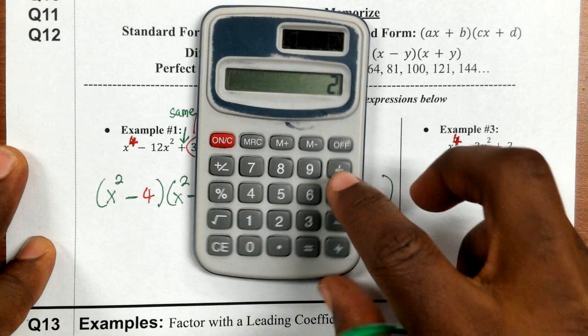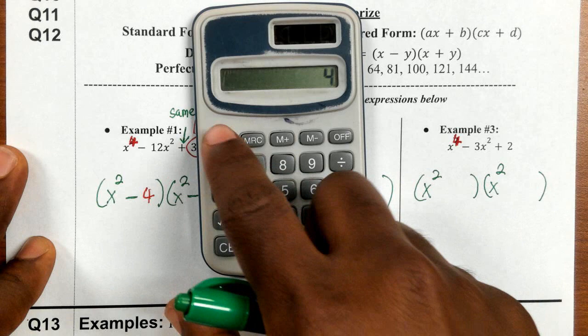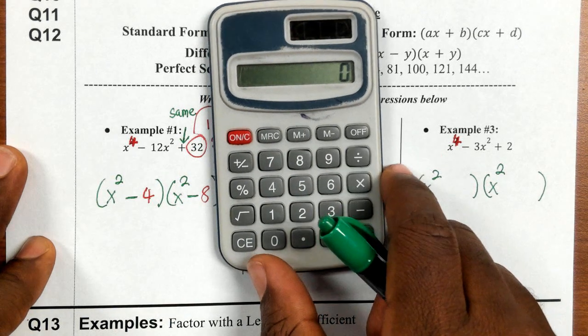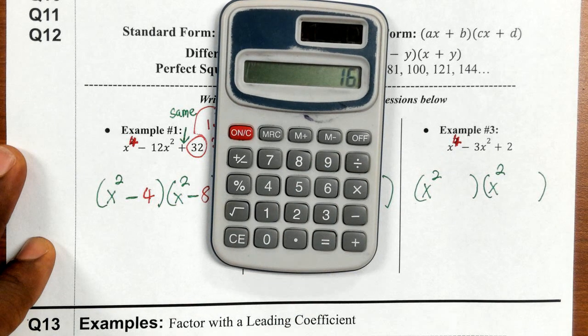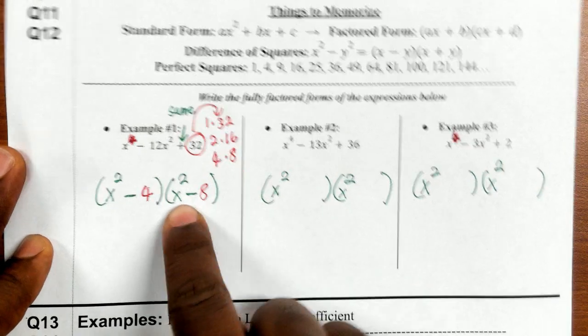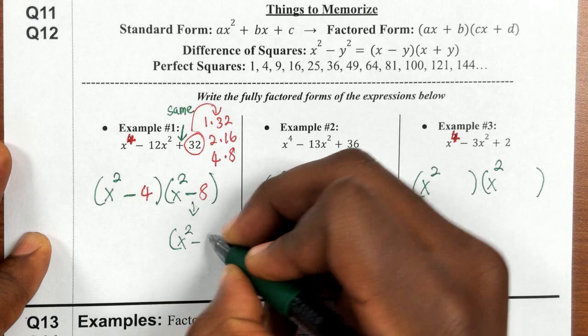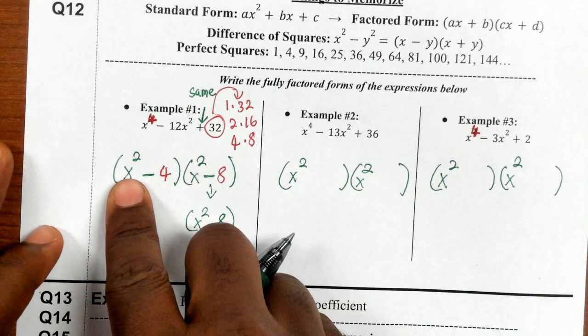There's no number that when multiplied by itself would give you 8, because 4 times 4 is not 8, that's 16. So I cannot simplify this one anymore. So I'm going to bring this down. But this one I can.